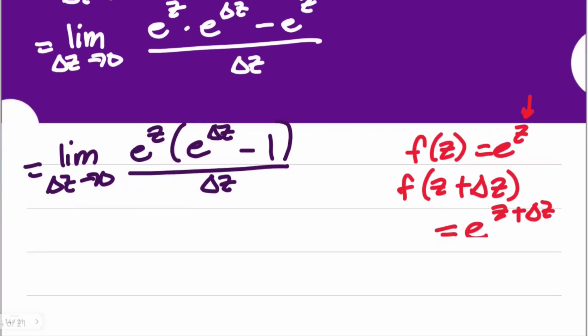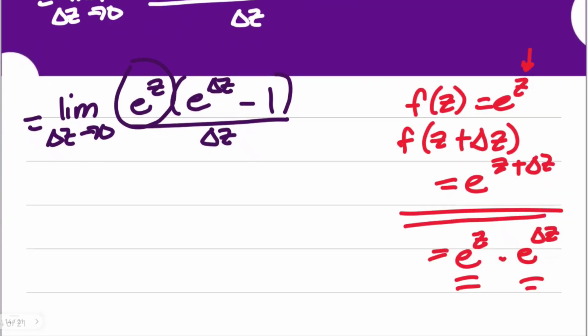Now, look into this one. This is already considered as another function, even a constant, because it's the delta z that will approach 0. So you can of course take that out as a constant, just like the rules on limit or limit theorems. But let's just stick to that in the meantime, because you will have it here. You can break the two. You will have e to the power of z and only share the denominator to the binomial expression here.